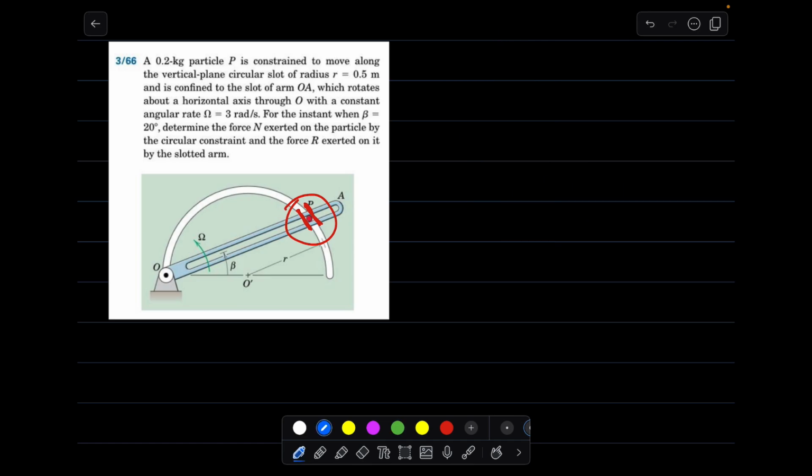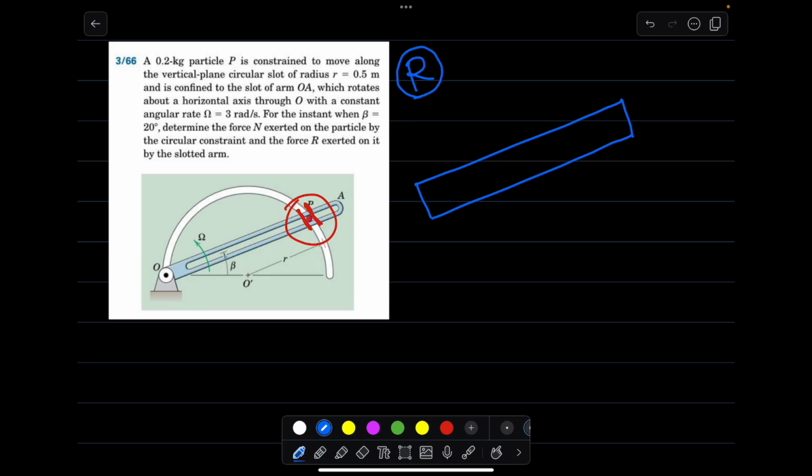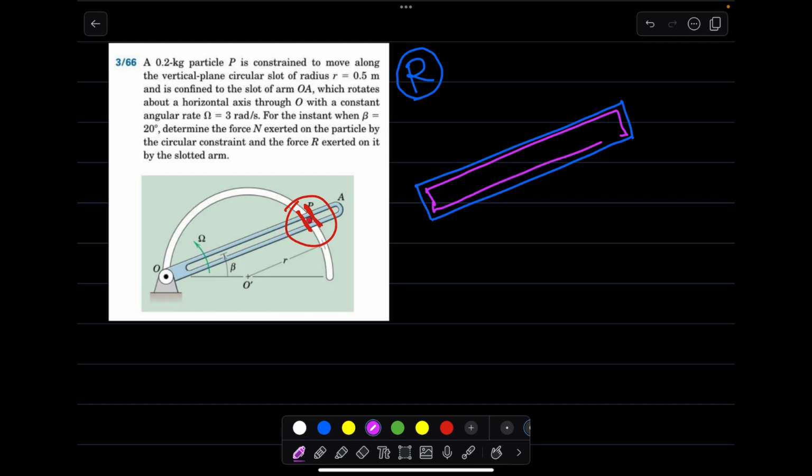Now let's see another concept. It is important to discuss this slotted arm, because they ask what will be the value of R. To know where R is working, we should first imagine where this particle P is and how the force R is working. Suppose this is O2A, and I make this slot a rectangle so it is easy, and I make particle P like a cube.